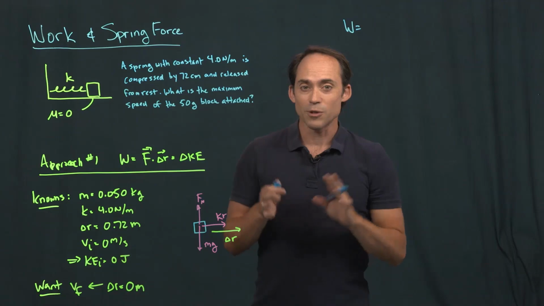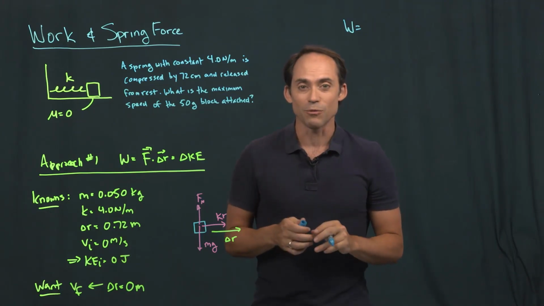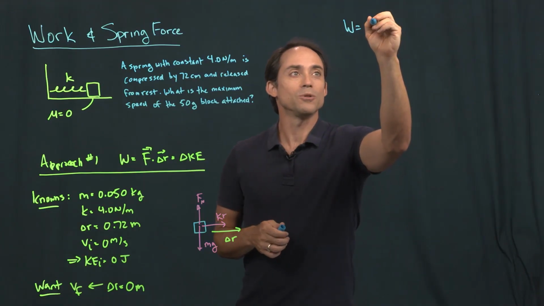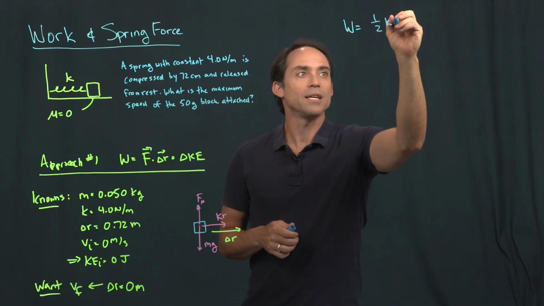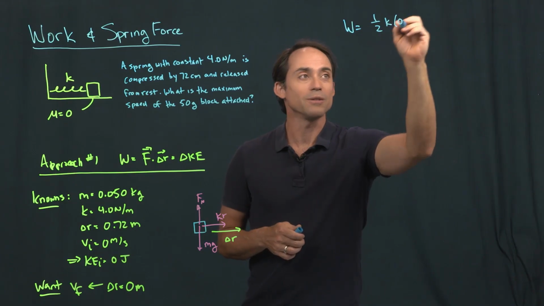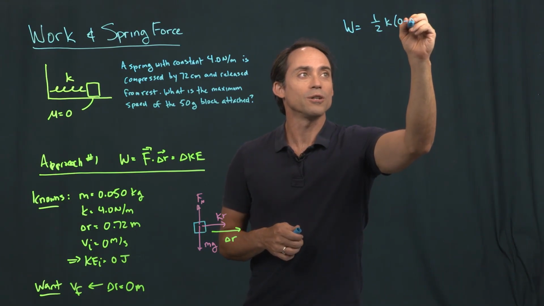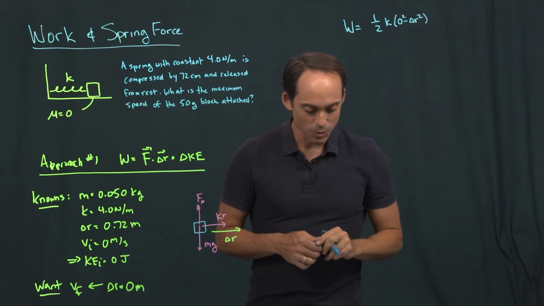But remember, that spring force is changing with position, so we actually have to use our integrated spring force rule. So that's going to be equal to 1/2 times k times the difference in the positions. And the difference in positions are 0, that's the final position, minus our original delta r squared. So 0 squared minus delta r squared.